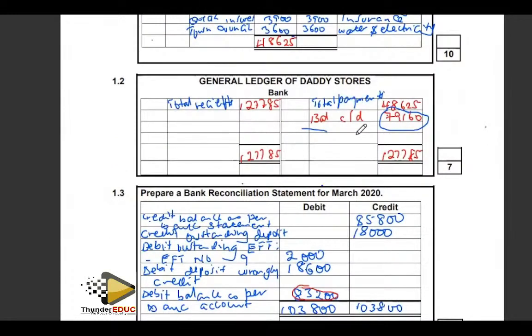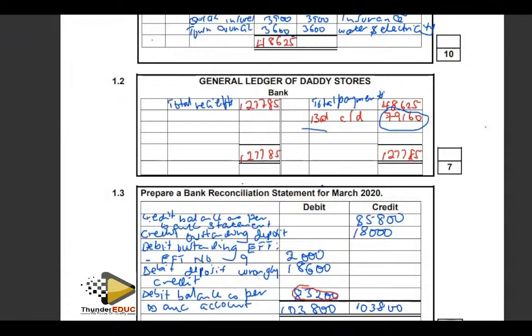Okay, quickly, let me find out the difference between the two. The difference between our totals minus 79,160. The difference is 4,040 rand. We don't have such an amount in our question.